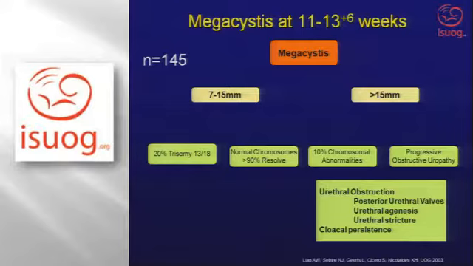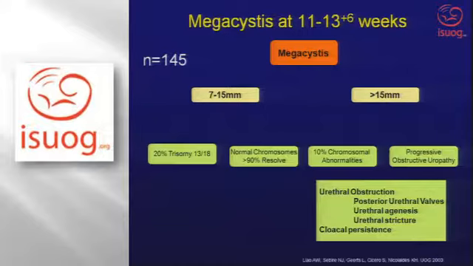And in the smaller ones, there's a high incidence of chromosomal abnormalities, mainly but not exclusively trisomy 13 and 18. And in the ones where the chromosomes are normal, the majority of these obstructions, 90% or more, will resolve spontaneously.